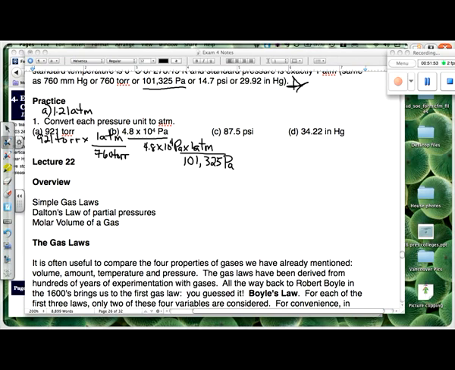It'd be 101.325 kilopascals in an atmosphere. Anyway, back to this. So that would be 0.474 atmospheres.